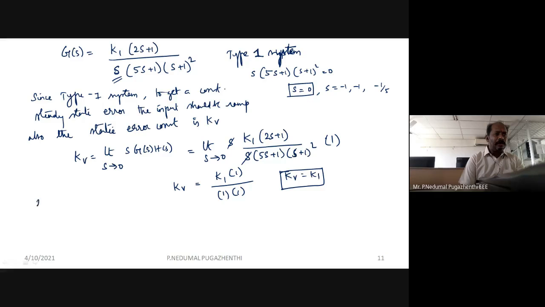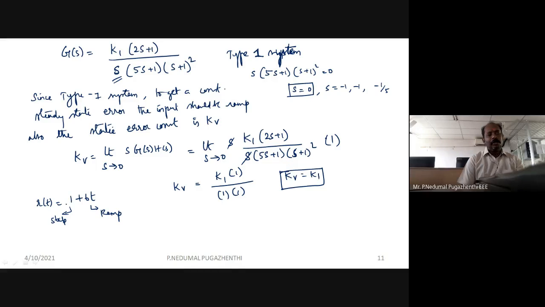R of t is equal to 1 plus 60t. This 1 stands for a step input and this 60t stands for a ramp.